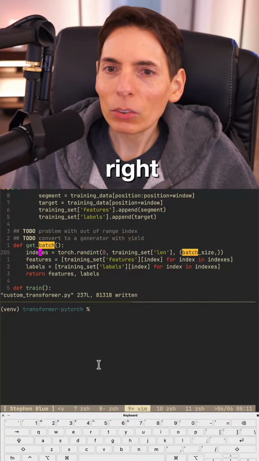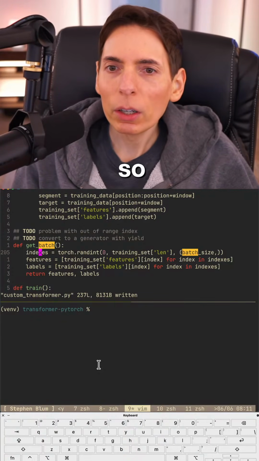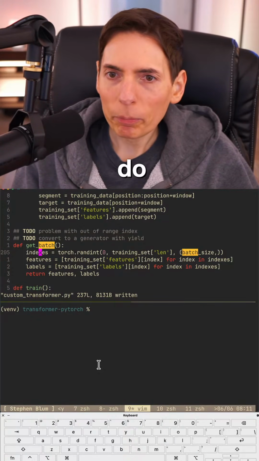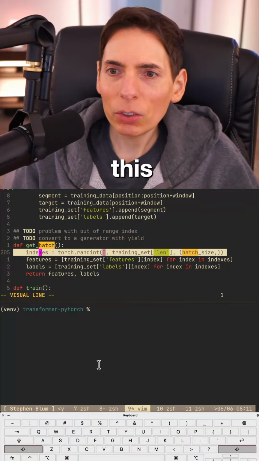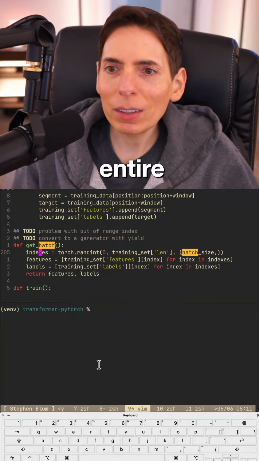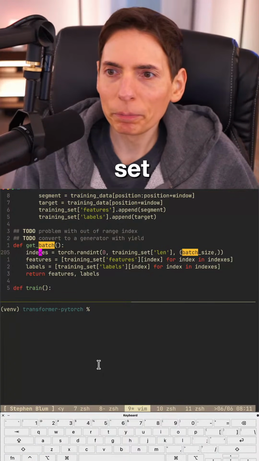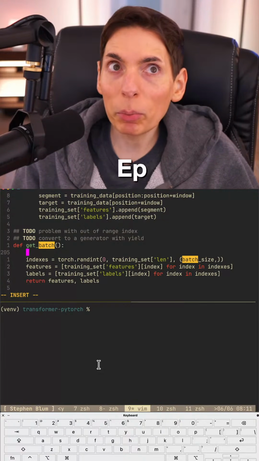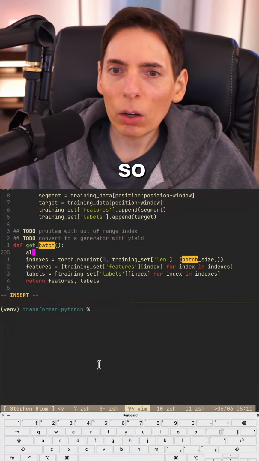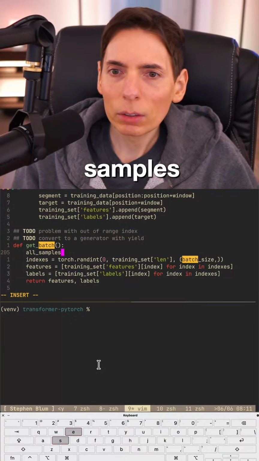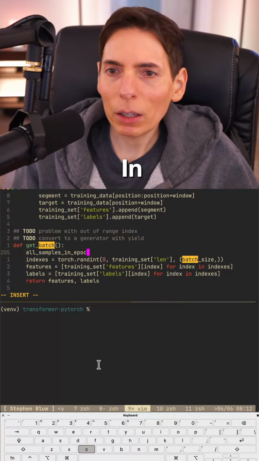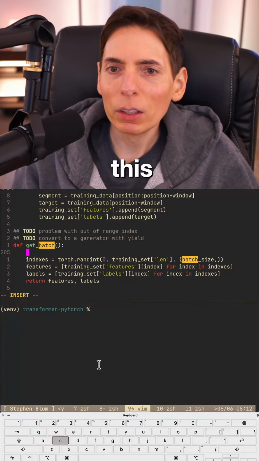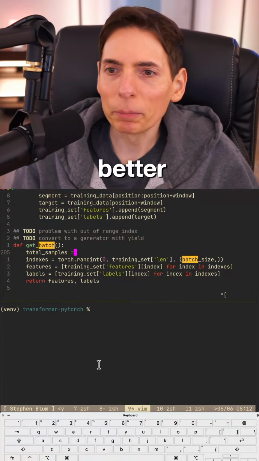All right. So I want to convert this to a generator. What we need to do is convert this into the entire maximum data set. So let's just do a full epoch. All samples in epoch, right? Maybe number of samples. How about this? Total samples, a little bit better.